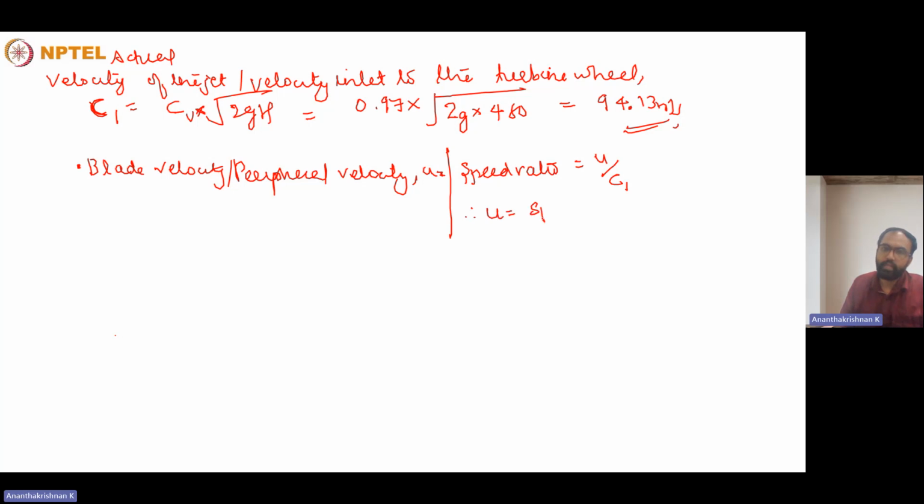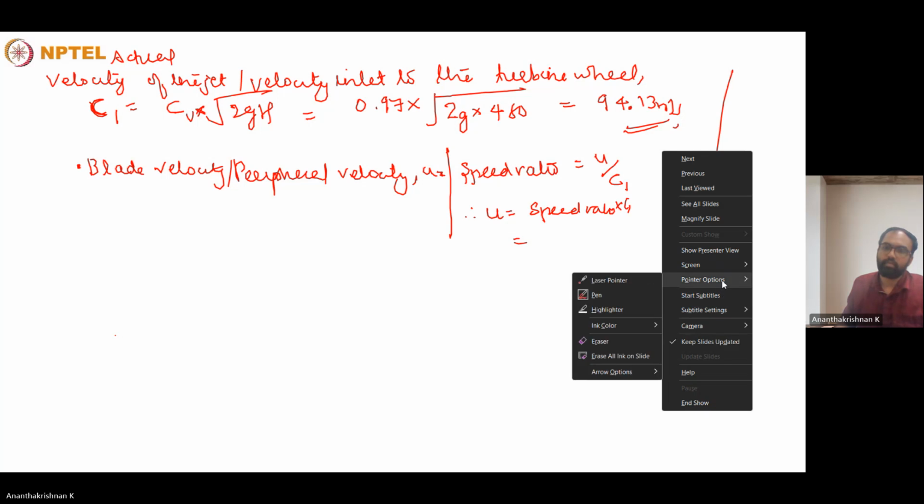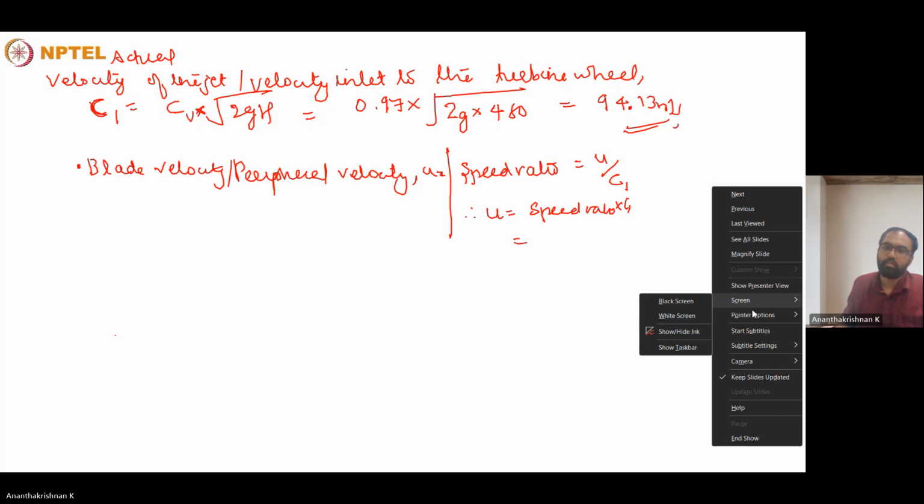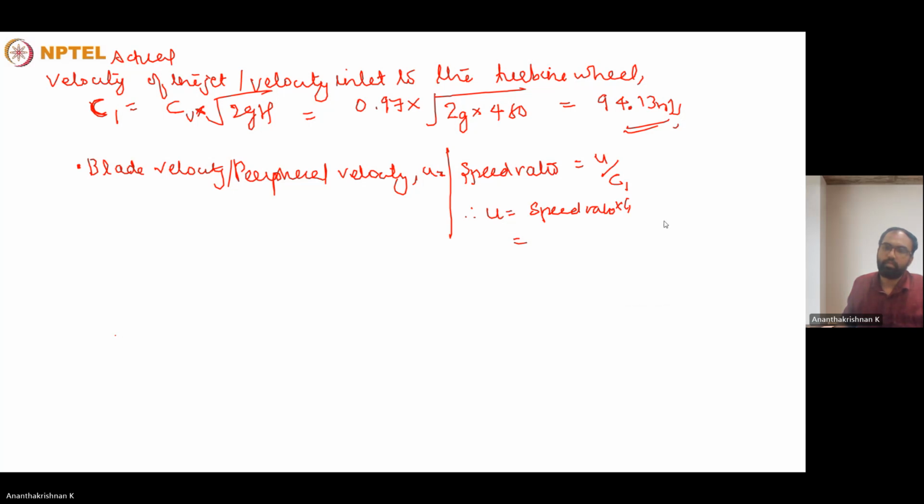Therefore, U is equal to speed ratio into C1. So speed ratio is 0.46 multiplied by 94.13. That comes to be around 43.3 meter per second.